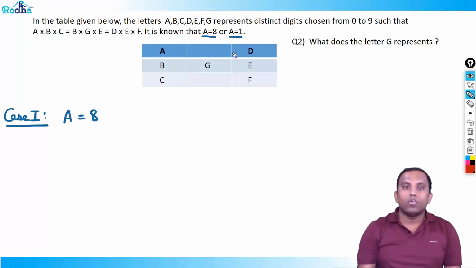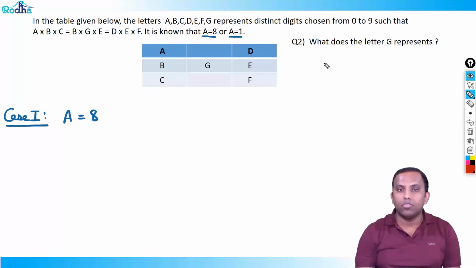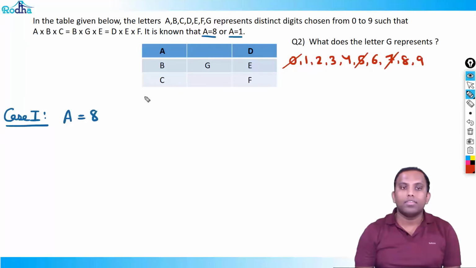Once we factorize all the digits, the digits I have now are 0 to 9: 0, 1, 2, 3, 4, 5, 6, 7, 8 and 9. Out of that, 0, 5 and 7 are gone. Since I am taking A equal to 8, 8 is also gone. So what I am left with is 1, 2, 3, 4, 6 and 9.